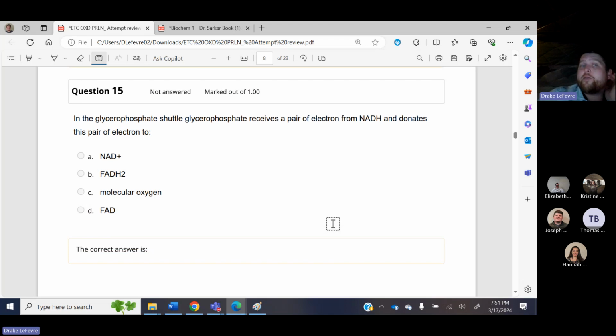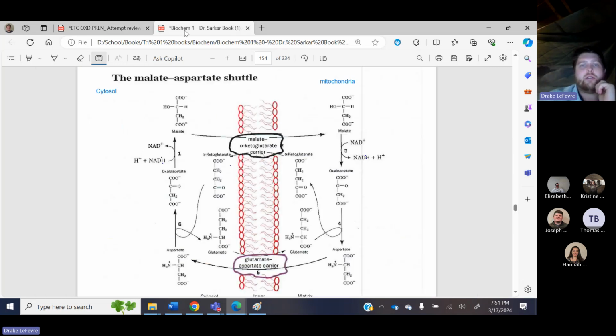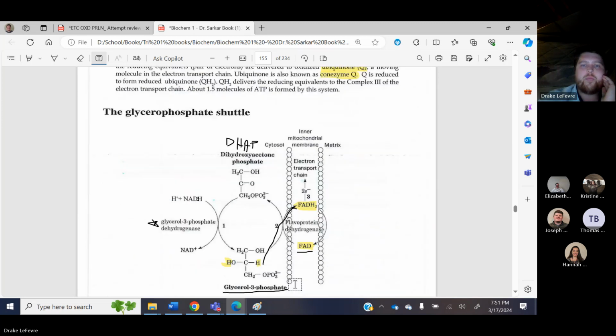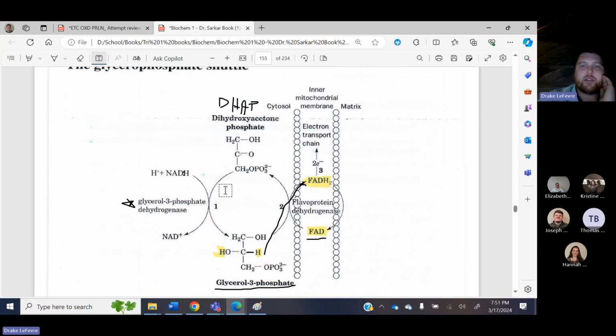In the glycerophosphate shuttle, glycerophosphate receives a pair of electrons from NADH and donates this pair of electrons to blank. So we had the malate aspartate shuttle, and now we have the glycerophosphate shuttle.